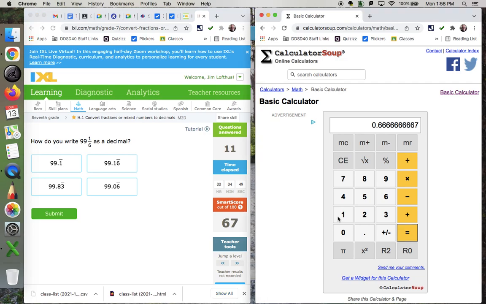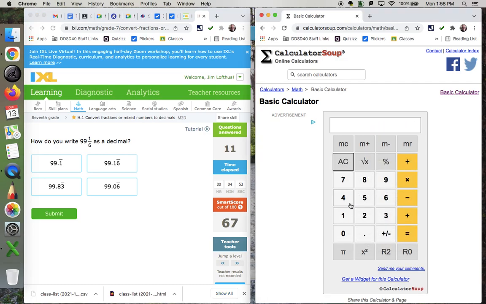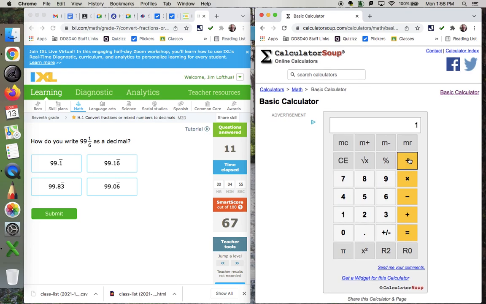And 1 divided by 6. Let's clear this. 1 divided by 6 is 0.16 repeating. So this is 99, and it's positive 99.16 repeating. That one right there.